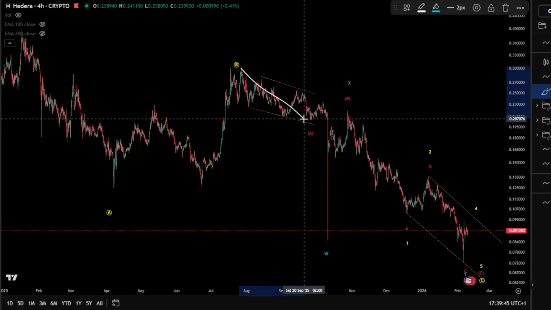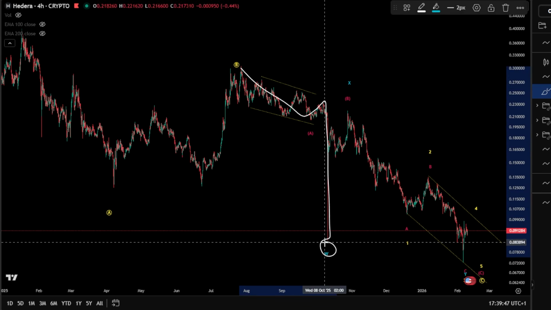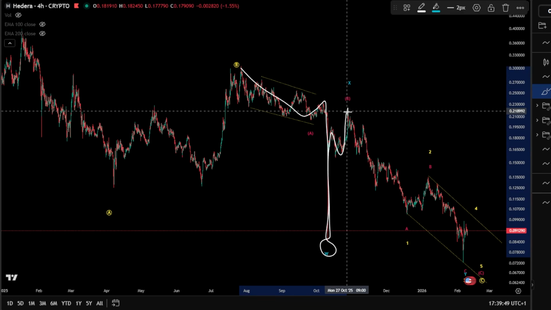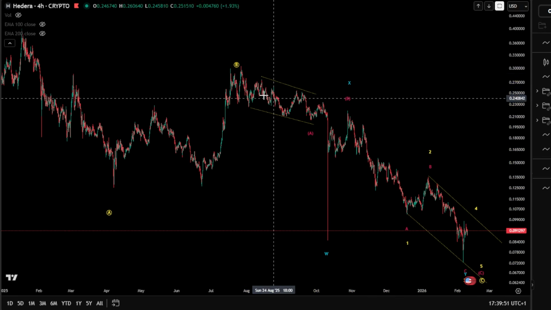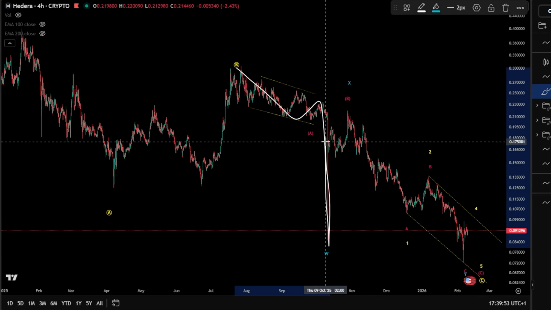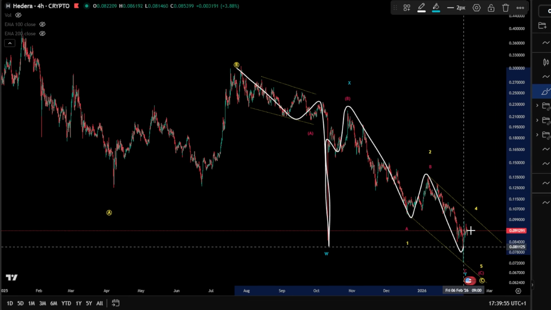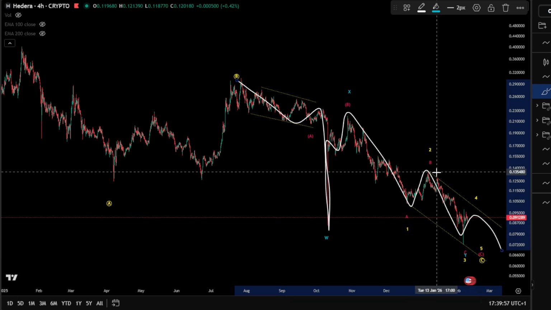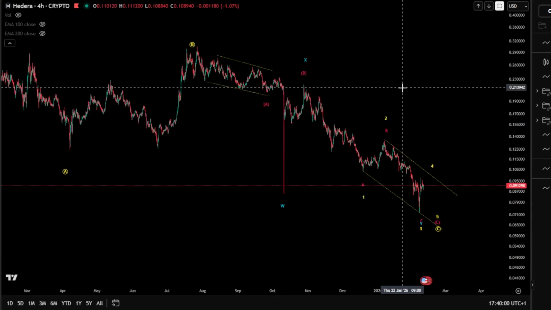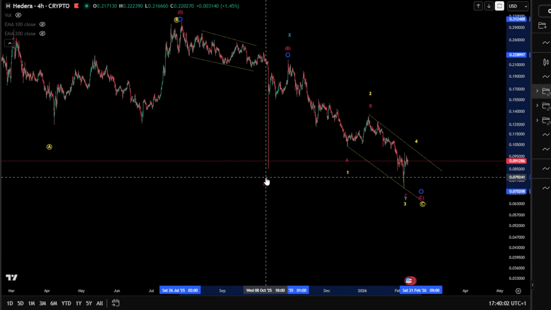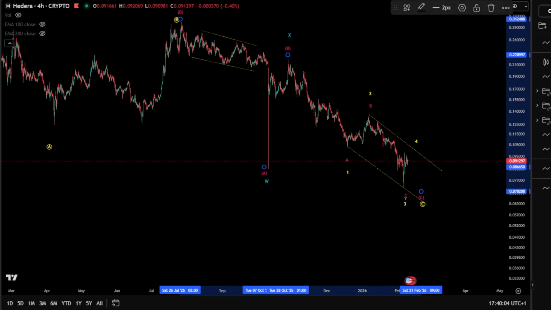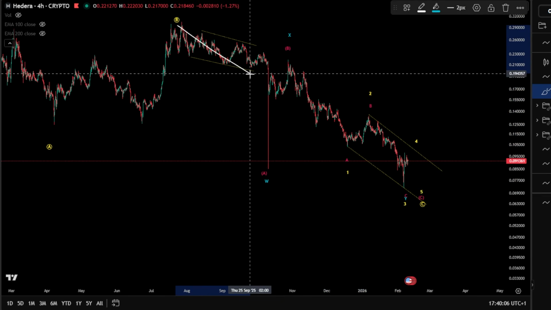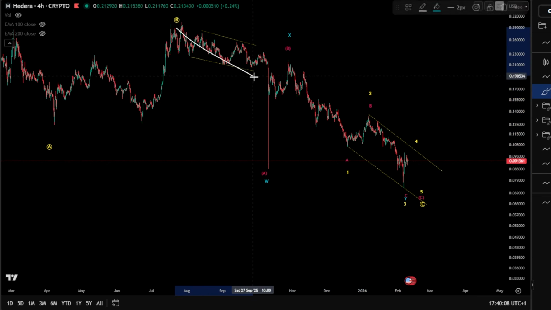Preferably for me to be in simple 3 waves, a W and then X here and a wave Y, or even potential A and then B and a wave C unfolding in 5 waves. This is the highest possibility, honestly, that I see it like that. So the A should be, of course, also within the wick. Despite that there is a diagonal, you have to consider it just like ABC.